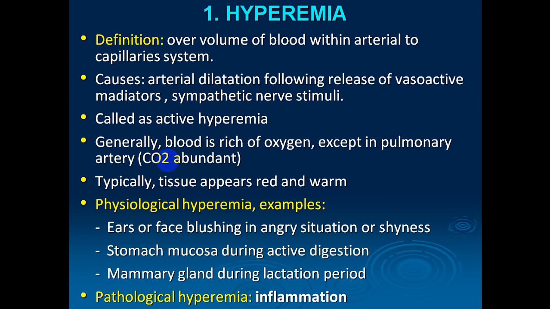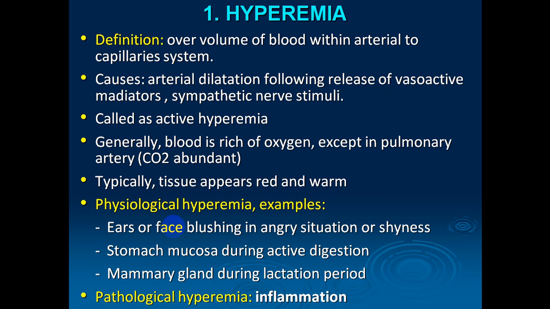There are two types of hyperemia. First is physiological hyperemia and second is pathological hyperemia. Physiological hyperemia, we can find in the ears or face blushing, for example, if you feel shy or angry, or also reddening of the mucous membranes in the stomach during active digestion.